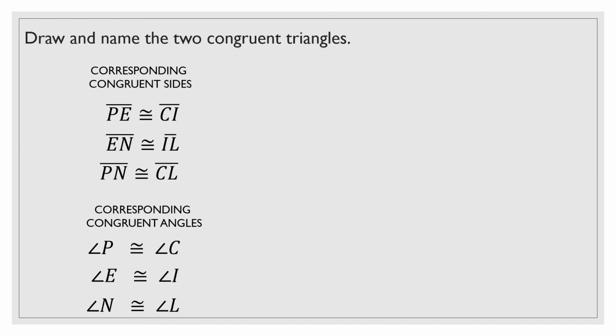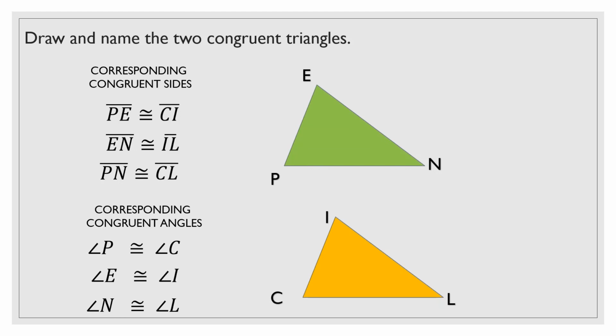Now, let us draw and name the two congruent triangles with the given information using the corresponding congruent sides and the corresponding congruent angles. Of course, we need to have two congruent triangles.